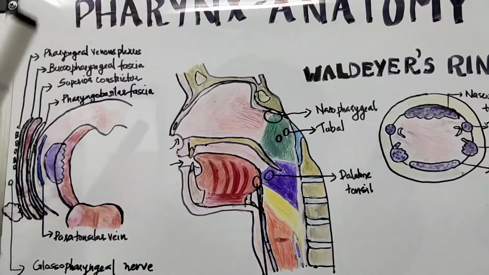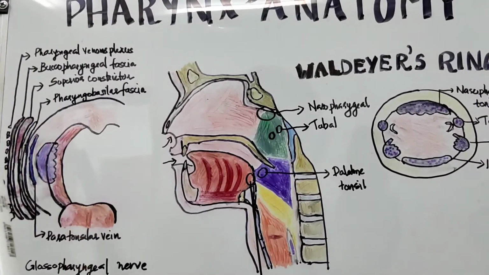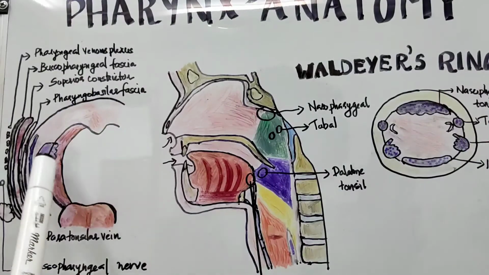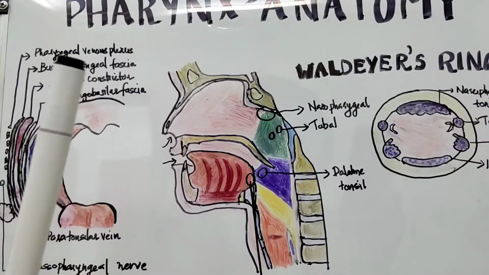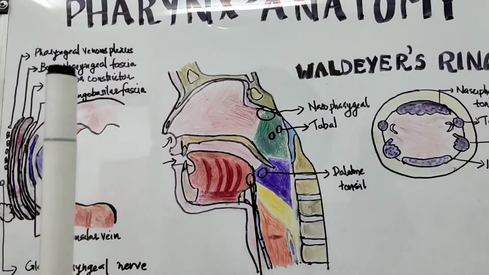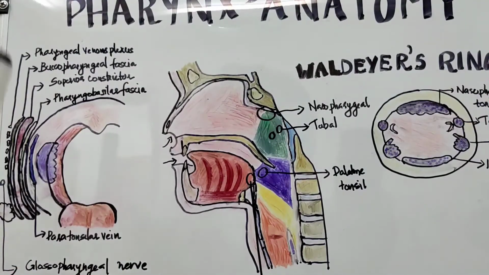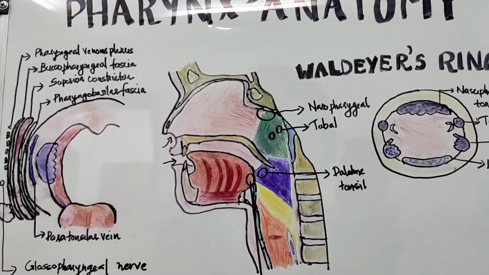Now we will discuss the arterial supply of the tonsil. The main blood supply is the tonsillar branch of the facial artery.